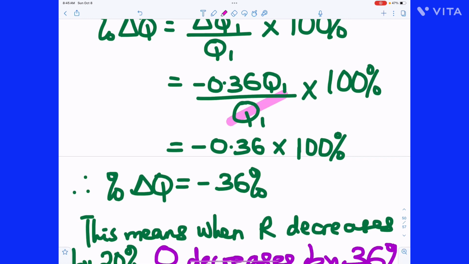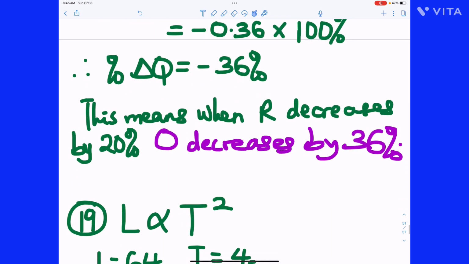We cut this, you get minus 0.36 times 100%, and that gives you minus 36%. This means when R decreases by 20%, Q decreases by 36%. Can you see that?